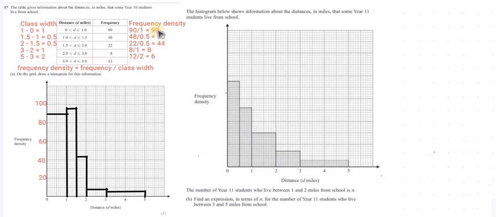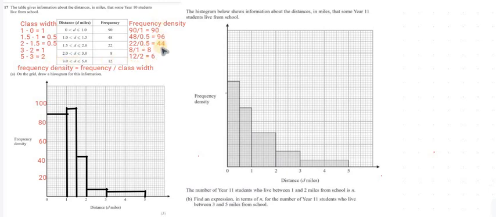And then to find the frequency density, that's the frequency divided by the class width. 90 divided by 1 is 90. 48 divided by 0.5 is 96. 22 divided by 0.5 is 44. 8 divided by 1 is 8. And 12 divided by 2 is 6.